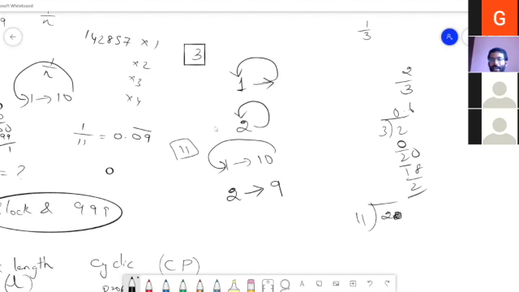Then after 9? Sorry, after 9, it's again going back to 2. Yeah, 9 and 2. Correct. So 2 and 9 is in a loop. 1 and 10 is in a loop, right?